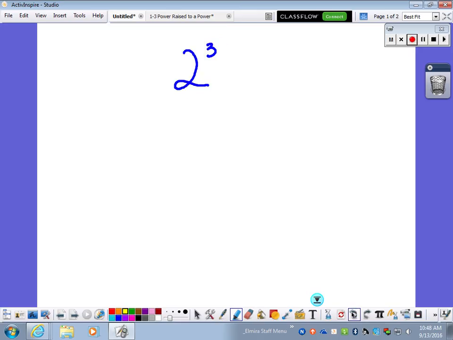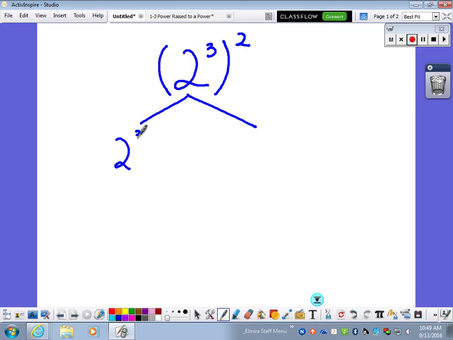Now, what we're doing in class today is taking that 2 to the 3rd power, putting parentheses around it, and raising that to another exponent. And what this actually means is we're going to take, here's my outside exponent, it's a 2, so I'm going to make 2 to the 3rd powers with a times dot in between.